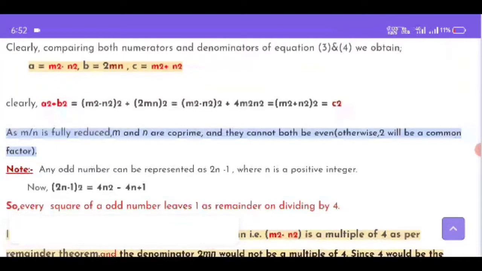Note that any odd number can be represented as 2n minus 1 if n is a positive integer. Now (2n minus 1) whole square equal to 4n square minus 4n plus 1. So every square of an odd number leaves 1 as a remainder on dividing by 4.